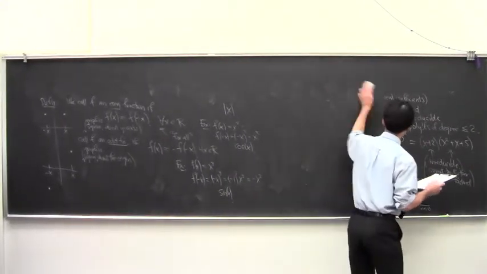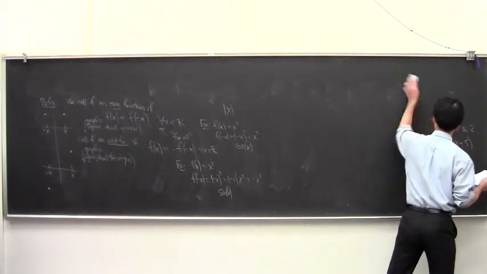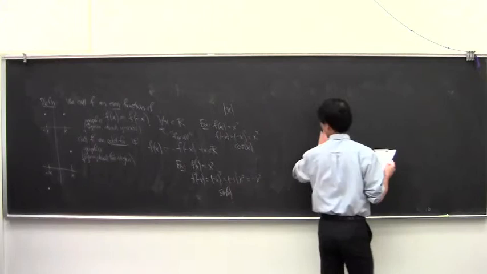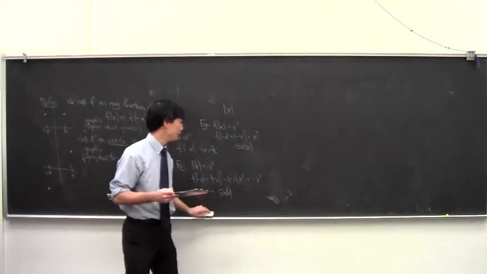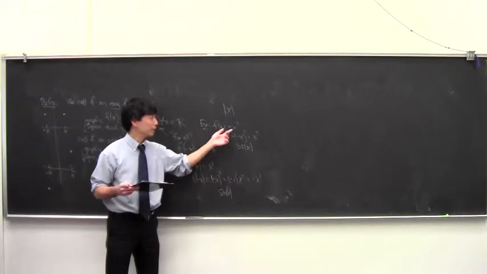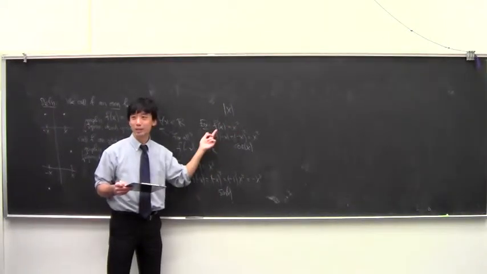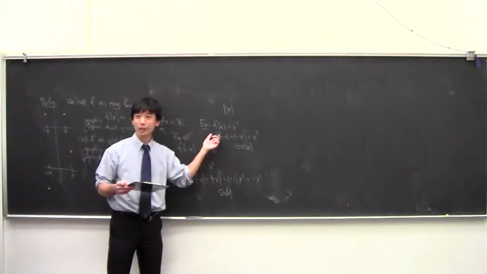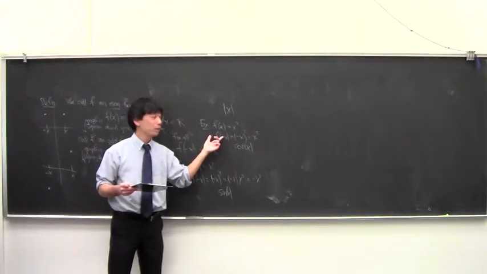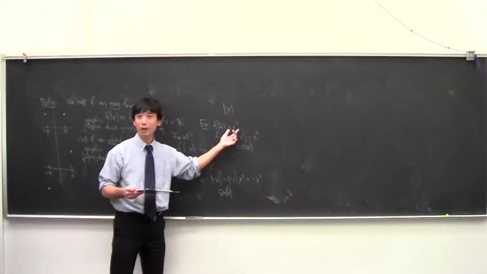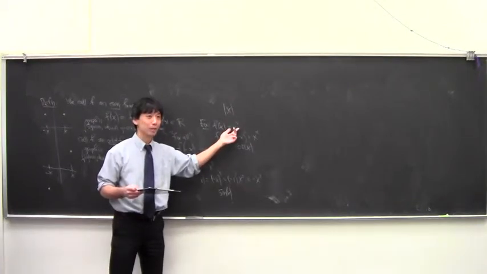Okay, let's go on. Just to give you another example, you see why these functions are called even and odd. It sure looks like the even functions have something to do with even powers in the polynomial.